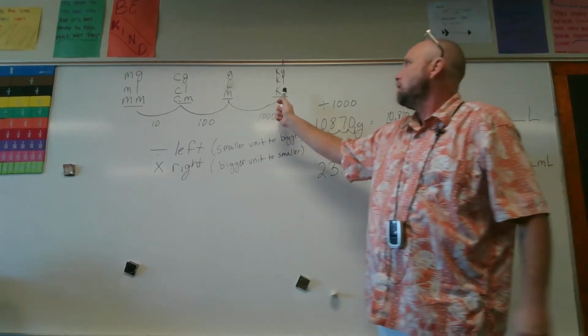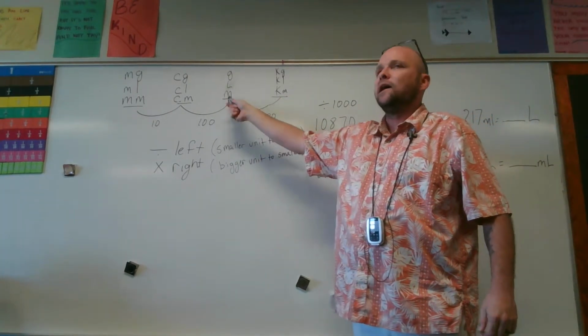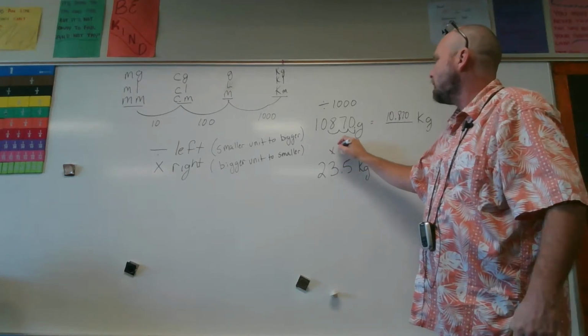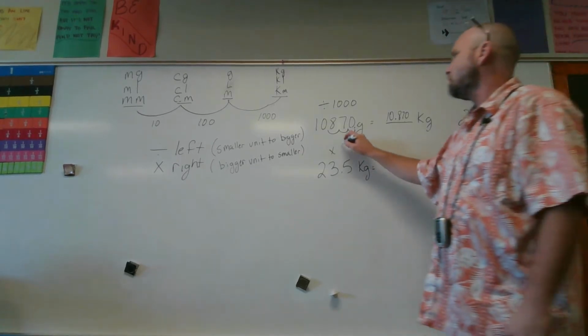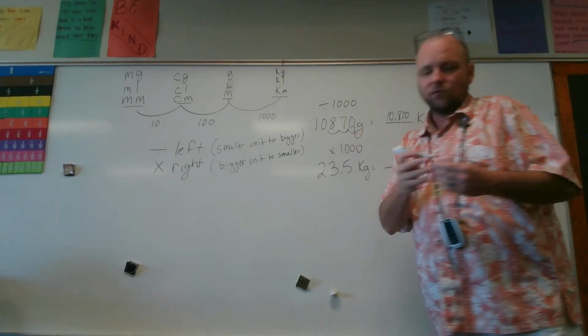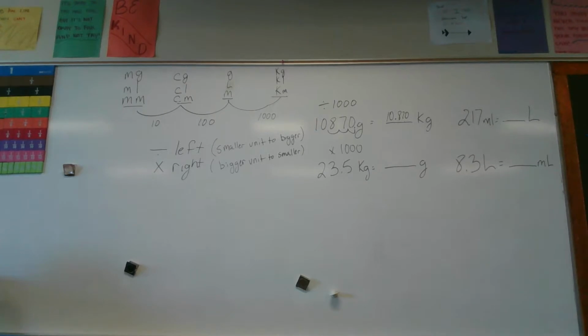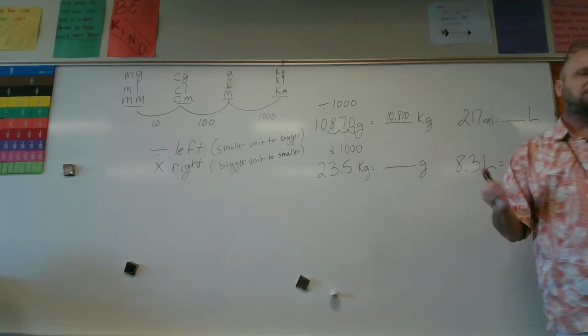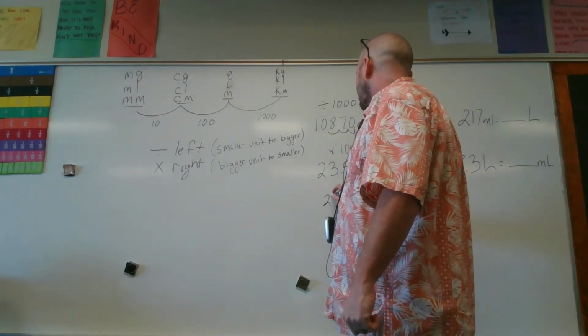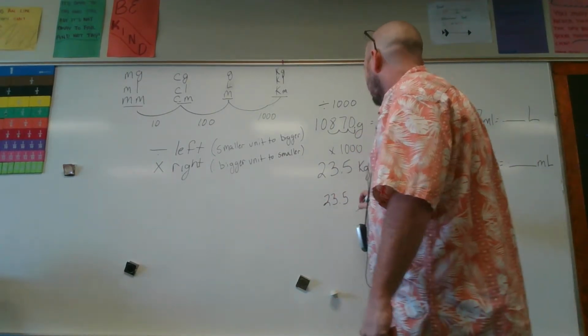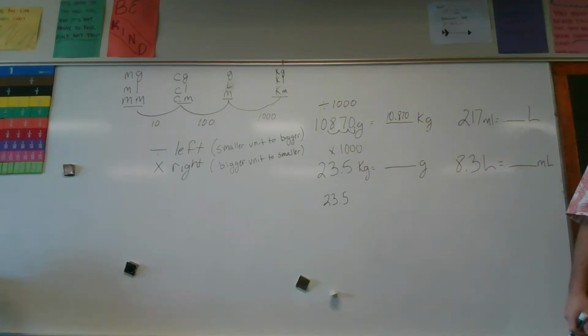So we're going to multiply by what, Gage? 1,000. And when we multiply, we move the decimal point to which direction? To the right. Because if we're multiplying, we want the number to be bigger, the number to increase in value. So we have 23 and 5/10. We need to move it to the right. How many places, Gage? 3.